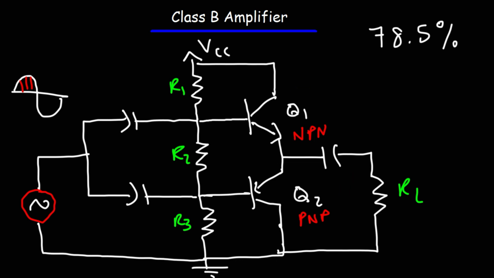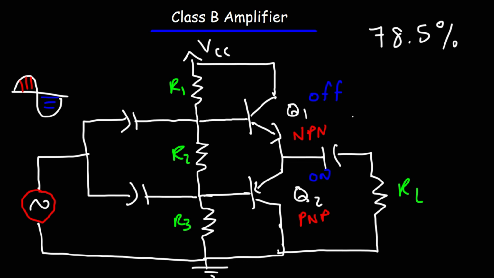Now, during the negative half cycle, let's put this in blue, Q1 is going to be off and Q2 will be on. So for each half cycle, only one of the transistors should be conducting if it's designed appropriately. The other transistor should be off. So each transistor conducts for 1/2 or 180 degrees of the sine wave. And so this improves the efficiency of the Class B amplifier.